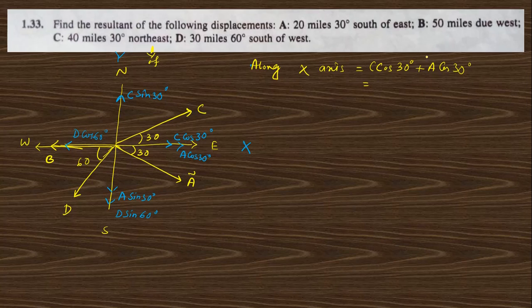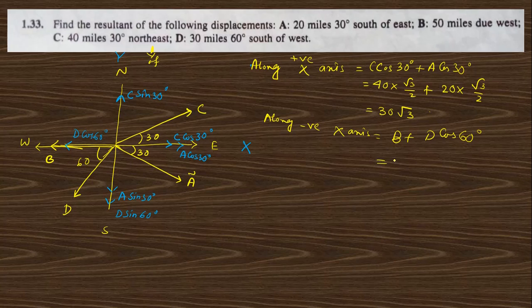What is the value of C? C is 40 and cos 30 is root 3 by 2, plus A is 20 and cos 30 is root 3 by 2. This is 20 root 3, this is 10 root 3, that means 30 root 3 along the positive x-axis. In the opposite direction, along the negative x-axis, we have B plus D cos 60.